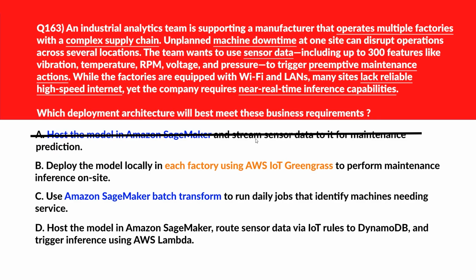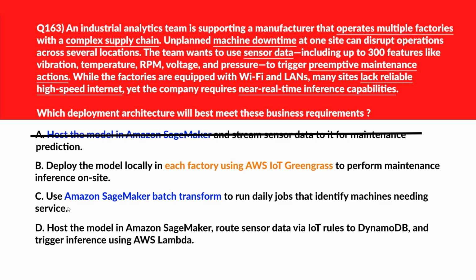Option B says deploy the model locally in each factory using AWS IoT Greengrass to perform maintenance inference on site. AWS IoT Greengrass in each factory supports local inference with low latency and minimal dependencies on internet connectivity. Let's keep it.